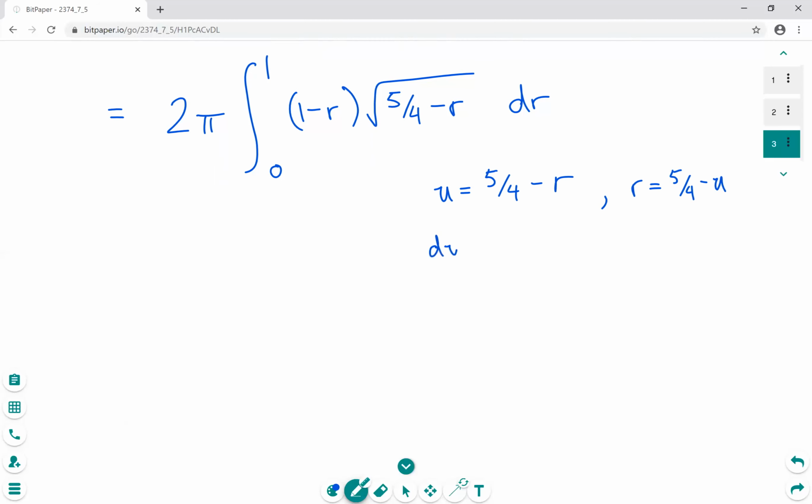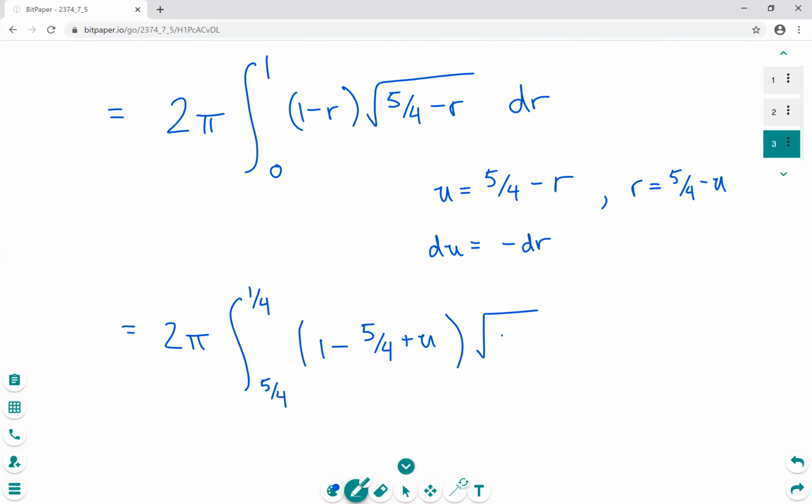But also that du is just minus dr. So this integral is 2 pi. When r is 0, we get 5/4. And when r is 1, u is 5/4 minus 1, which is 1/4. And now we get 1 minus, well, r, okay, is 5/4 minus u, so negative of a minus u is plus u.